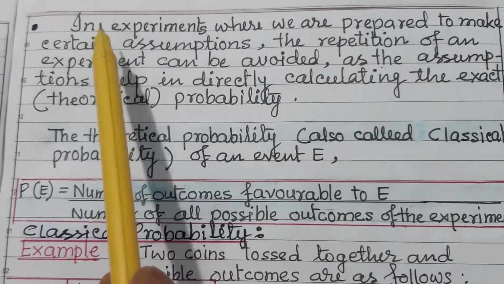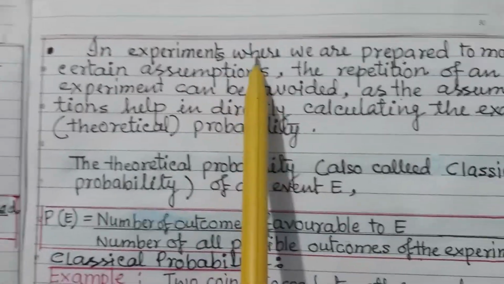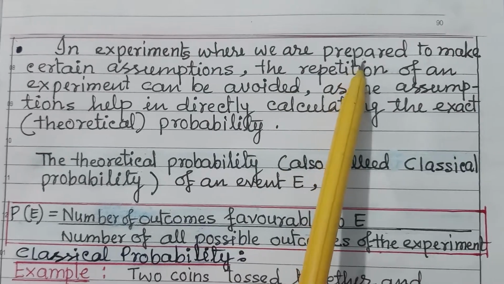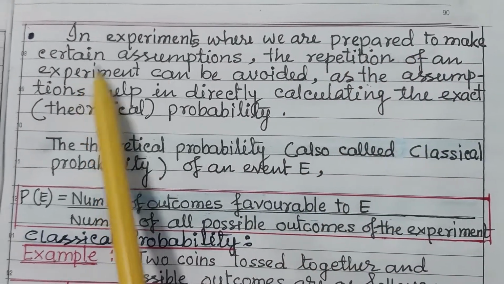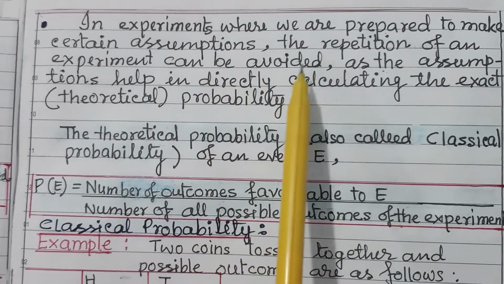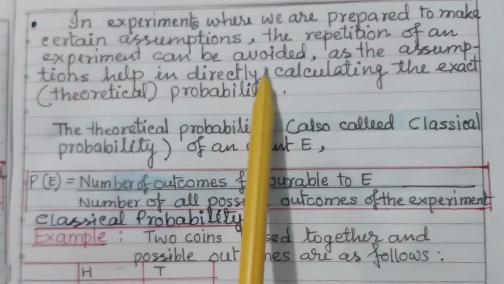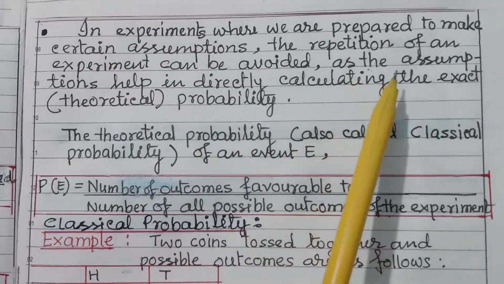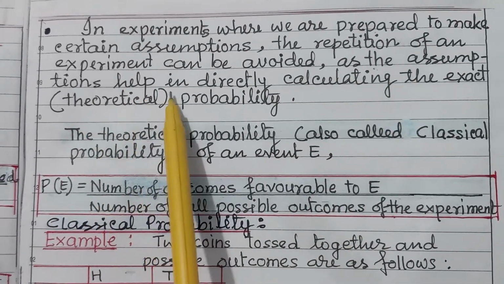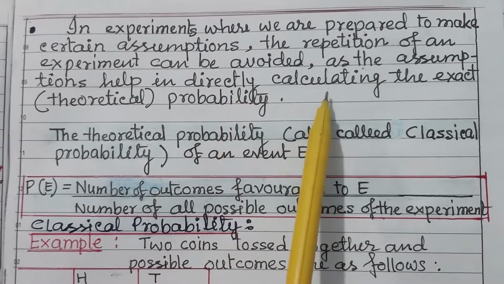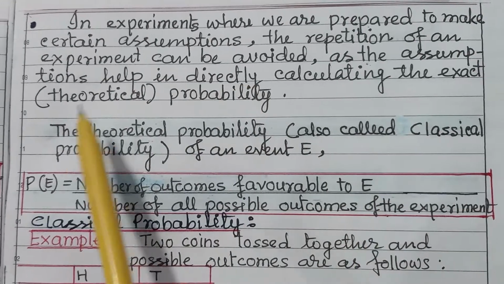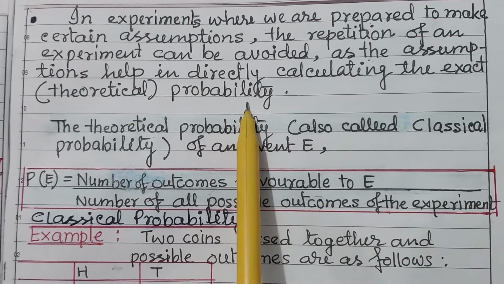Next is theoretical probability. In experiments where we are prepared to make certain assumptions, the repetition of an experiment can be avoided, as the assumptions help in directly calculating the exact or theoretical probability.